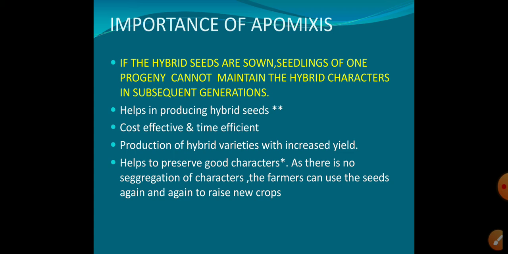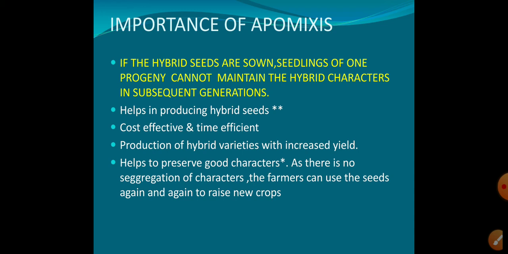So the desired quality the seeds acquired during hybrid formation will be retained throughout, even after successive generations. That's the important feature of introducing apomixis into hybrid seeds. So that's what I've given here. Read the point: if the hybrid seeds are sown, seedlings of one progeny cannot maintain the hybrid characters in subsequent generations. This is usual.